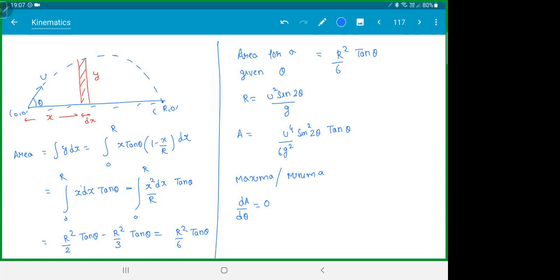Clear? Any doubts on this? Then next part.